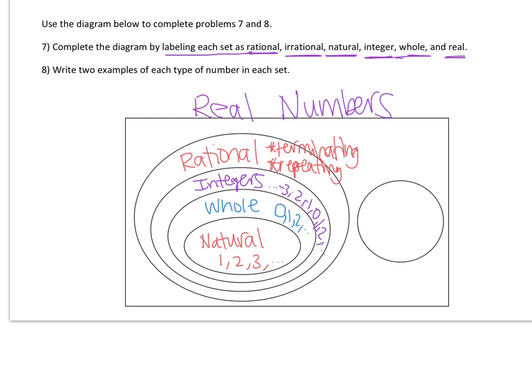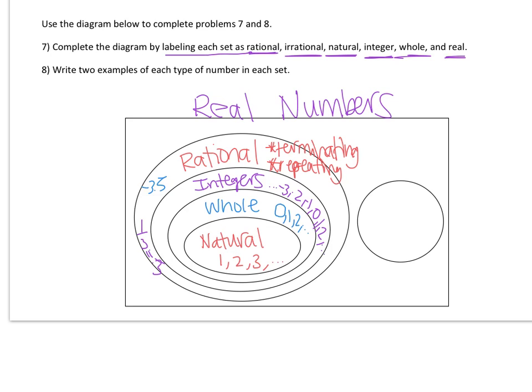Some examples would be -3.5. That is a terminating decimal. It terminates at 0.5. Another example would be 1/3. 1/3 is also going to equal 0.3 repeating, so that's why it's considered a rational.